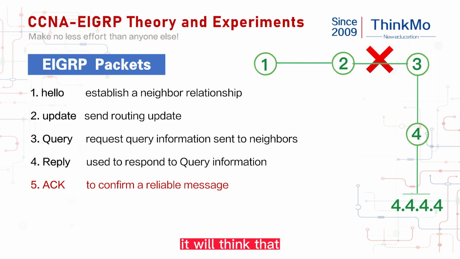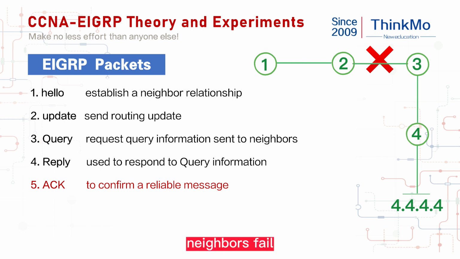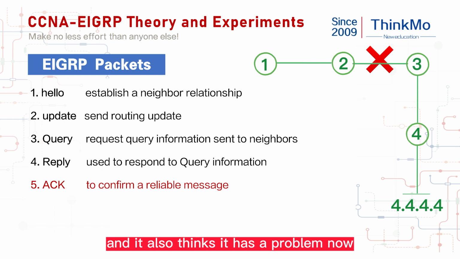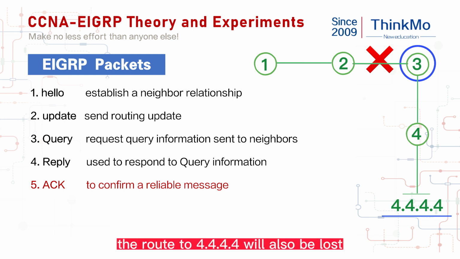It will think that because there is a break between the two of them, the neighbor fails. After 15 seconds passed, it found it lost this neighbor. At the same time, it thinks the relationship between this device and it is broken, and that it now has a problem, so this route will be gone. In addition to losing this neighbor relationship, the route to 4.4.4.4 will also be lost.